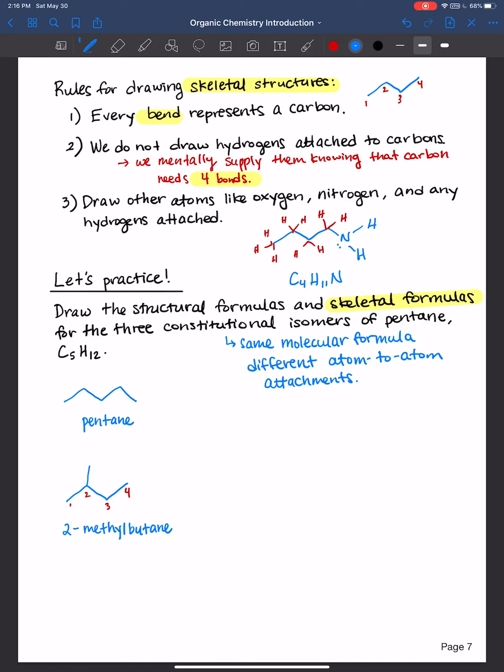And then we're going to draw another one. A 3 series, so 3 carbons long, but with 2 branches. So this is 1, 2, 3. And this one is 2,2-dimethylpropane.